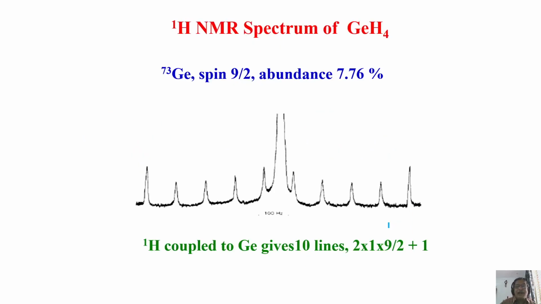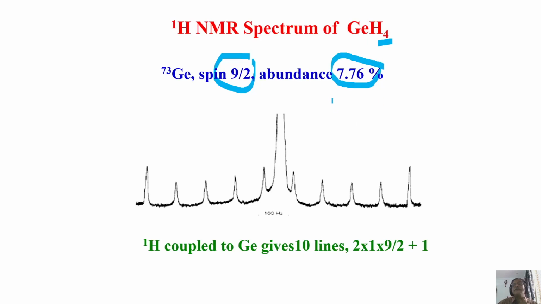This is another molecule where I am looking at the heteronuclear interaction. I am looking at the proton NMR spectrum of GeH4, germanium H4. Germanium has spin 9/2, but I am looking at proton, and germanium is 7.76% abundant. That's another thing.